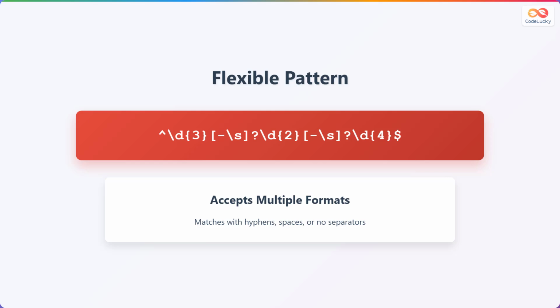This pattern is more versatile as it allows for variations in how the Social Security number is formatted. The [-\s]? part allows for either a hyphen, white space, or no separator between the digit groups. This flexibility makes the pattern more adaptable to real-world scenarios where Social Security numbers may not always be entered in a consistent format.